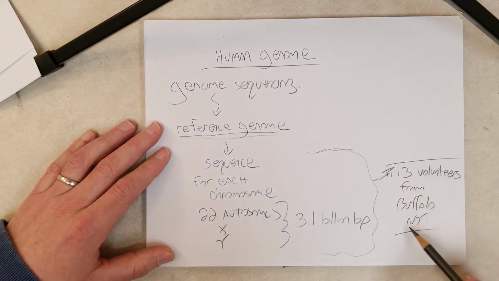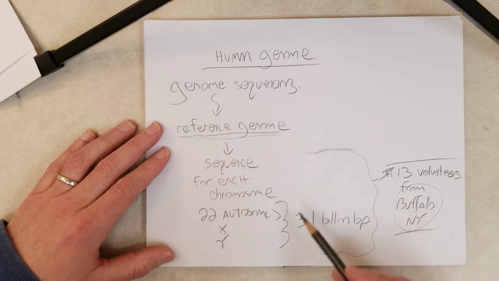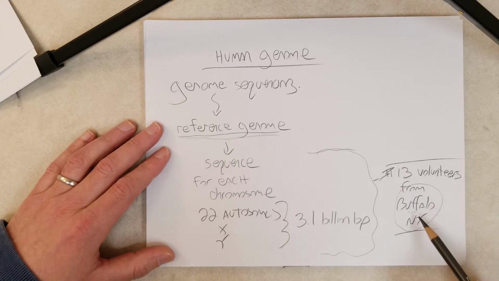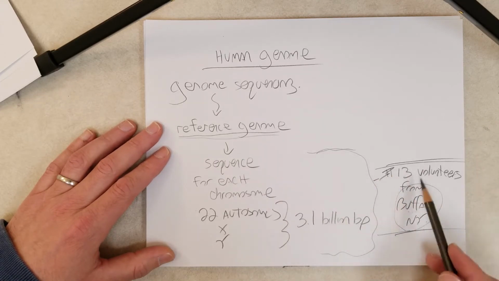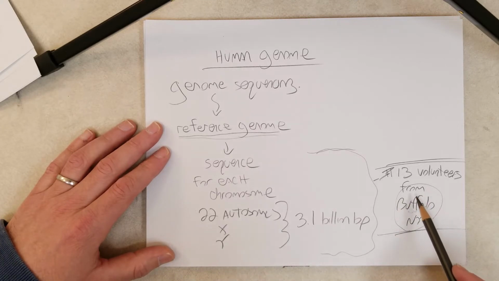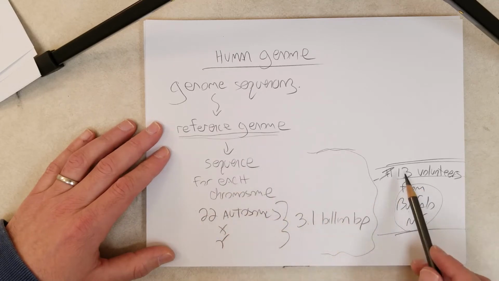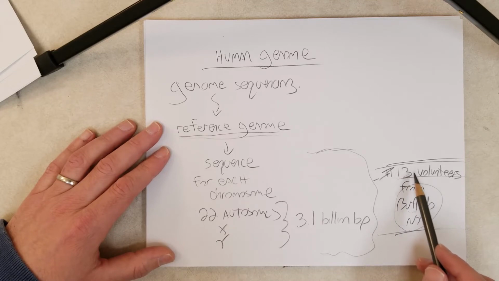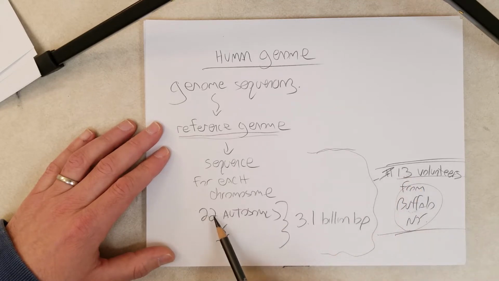We weren't supposed to know this, and I forget the story of how this information was revealed. We weren't supposed to know what part of the world the people were from. Somehow, someone figured it out, and you can now look on Wikipedia, and it seems these volunteers were from Buffalo. It's not of any one person, but a mashup of all the chromosomes in these people to get a sequence for each autosome, the X chromosome, and the Y chromosome.